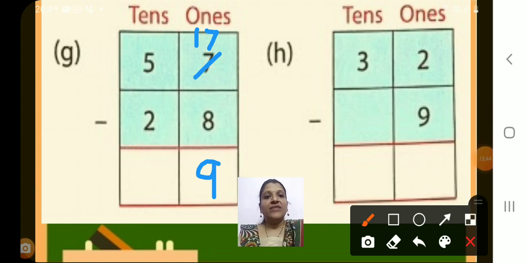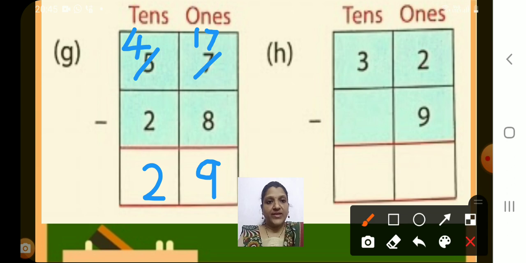Now, we have to strike off 5 and 5 minus 1, we will write number 4 above it. Now, 4 minus 2 equals 2. Hence, the answer of 57 minus 28 is 29.